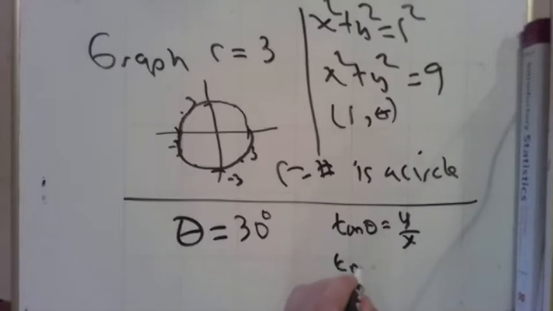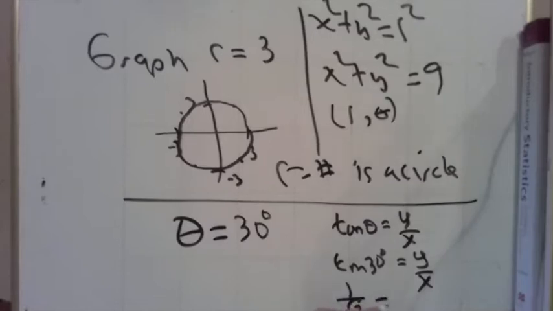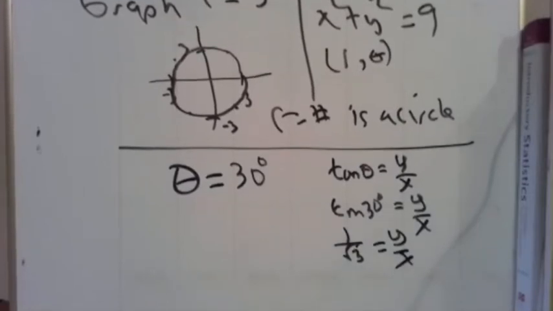Tangent of 30 degrees is y over x. Tangent of 30 would be sine of 30 over cosine of 30. So 1/2 over root 3 over 2. So I think that's 1 over root 3.